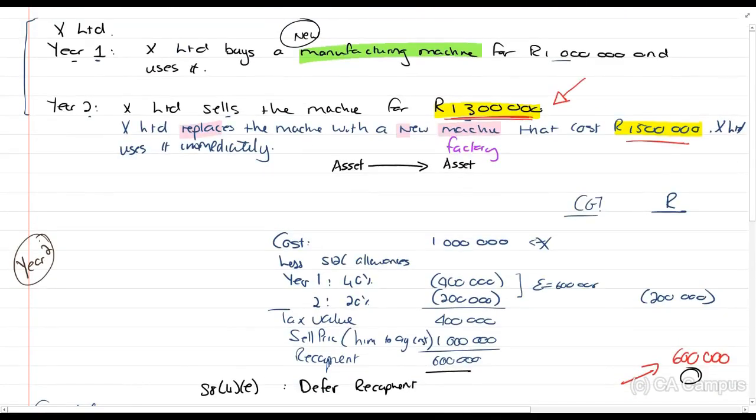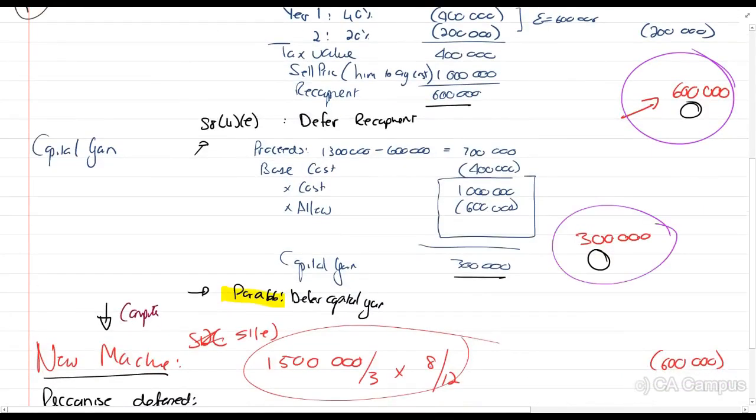Then, in my example, I said to you, my asset was sold for 1.3 million rands, and I replaced it with an asset of 1.5 million rands. Now, the principle here is, remember why does this happen? Because if you sell an asset, there will be recoupments, but you don't have the money because you've got a replacement asset.